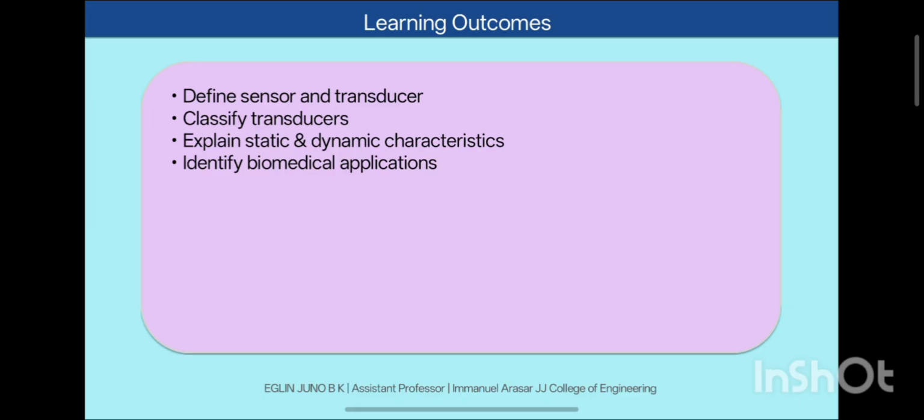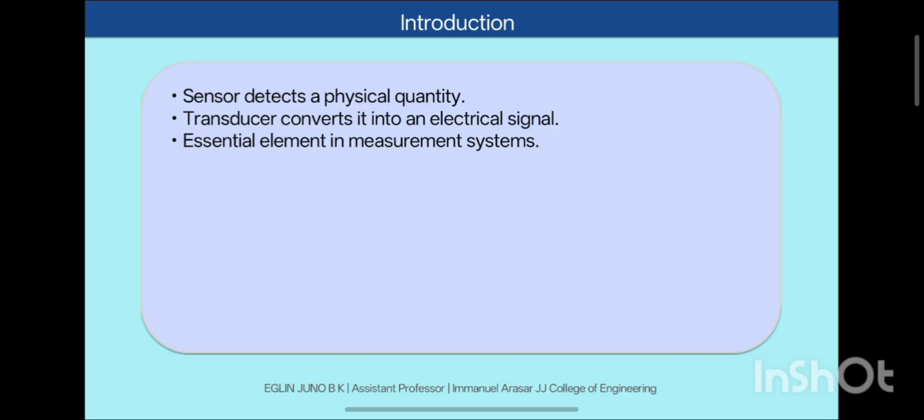The detected information is then passed to the transducer, which converts it into an electrical signal. However, this electrical signal is usually very small and may contain noise. Therefore, it goes through a signal conditioning unit, where it is amplified, filtered and processed. Finally, the processed signal is shown on a display or stored in a recorder.